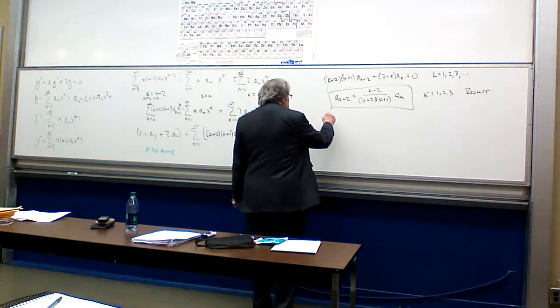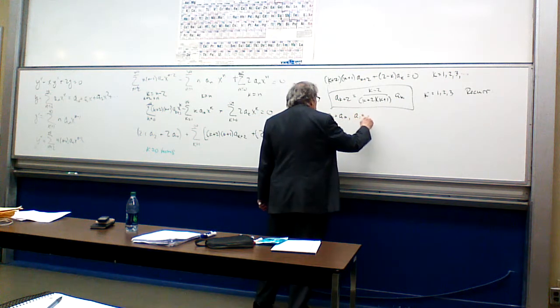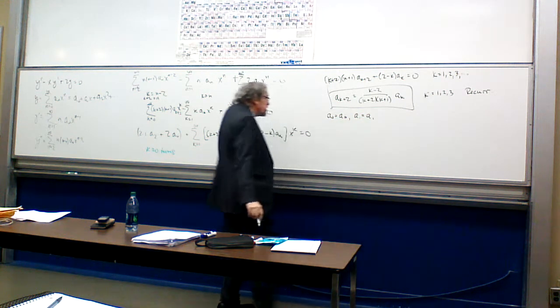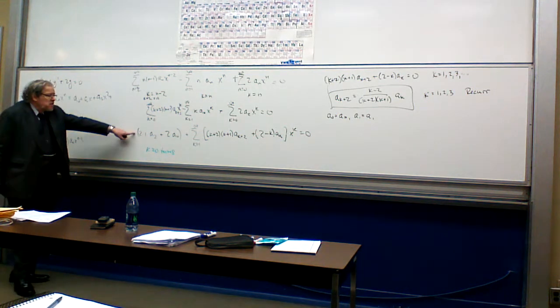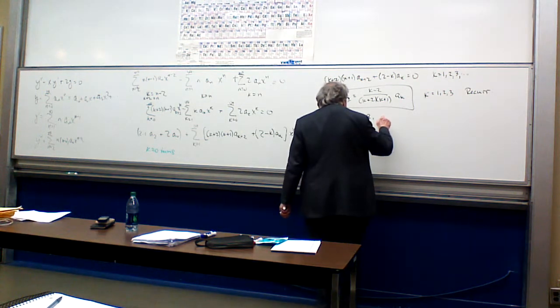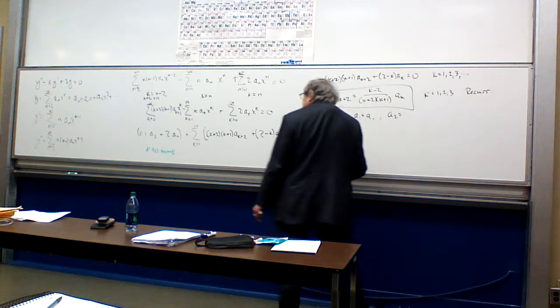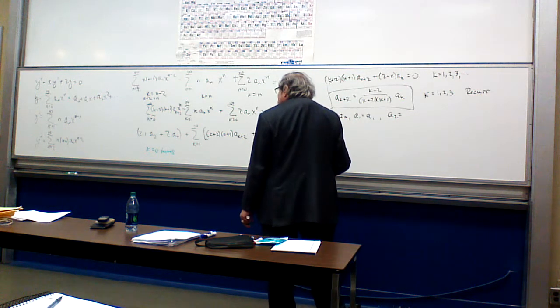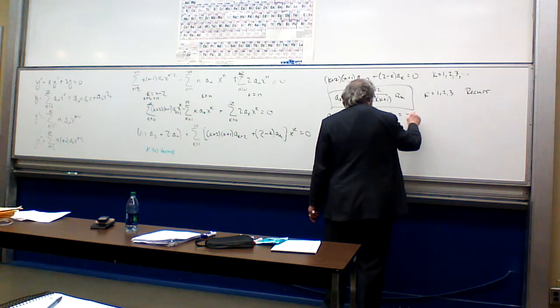So A0 and A1 are starting places. The k equals 0 term gives me that A2 is negative A0.